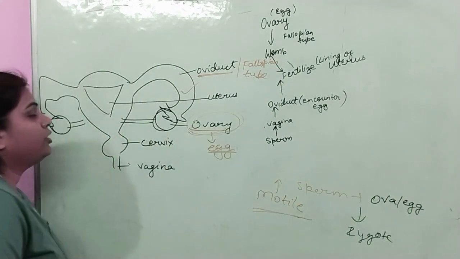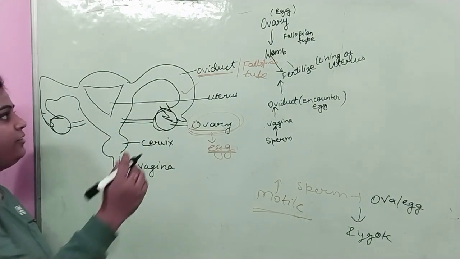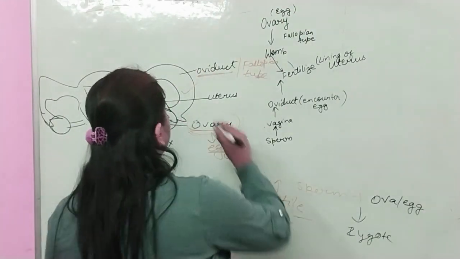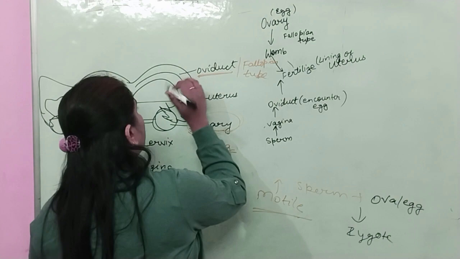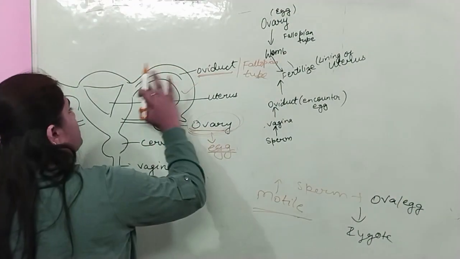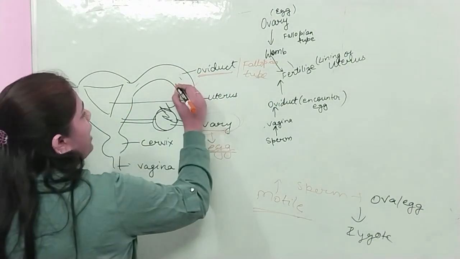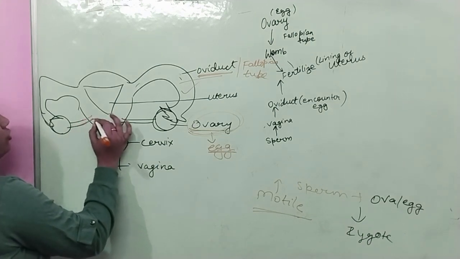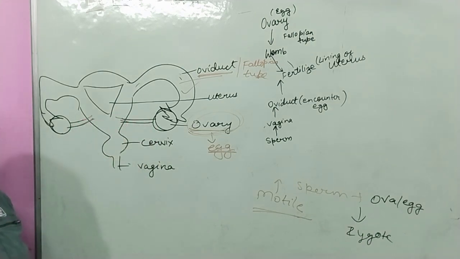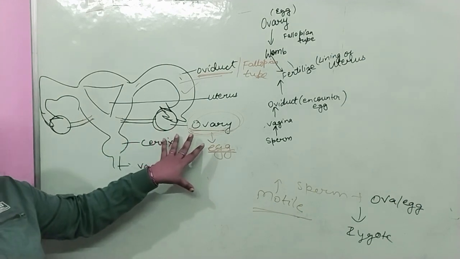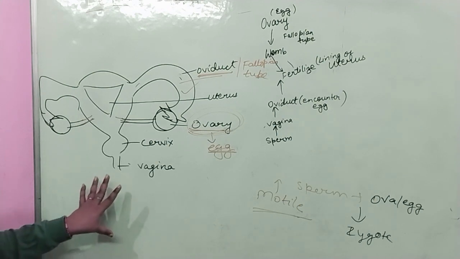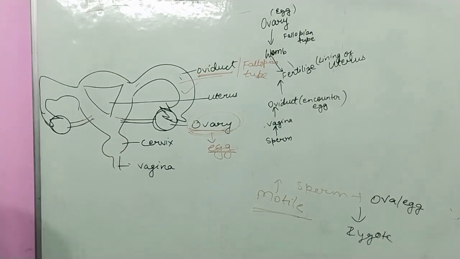So the egg is produced here and then moves to the uterus through a thin tube-like structure called the fallopian tube or oviduct.